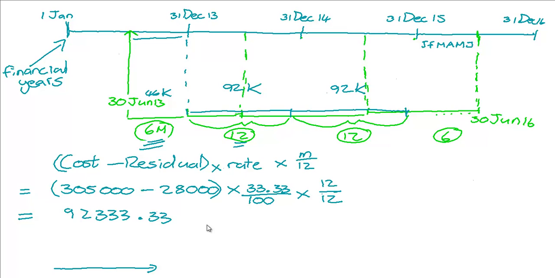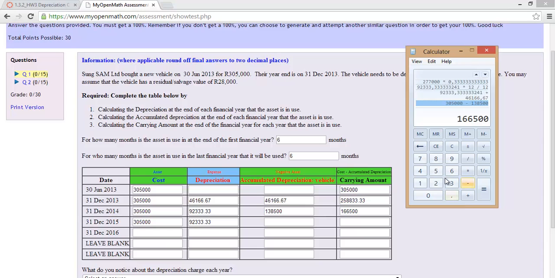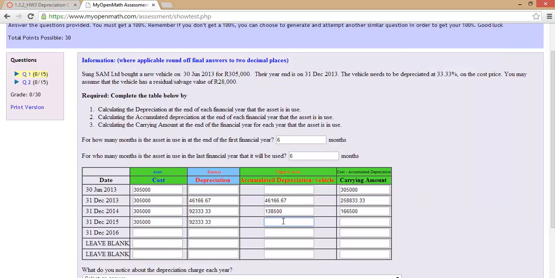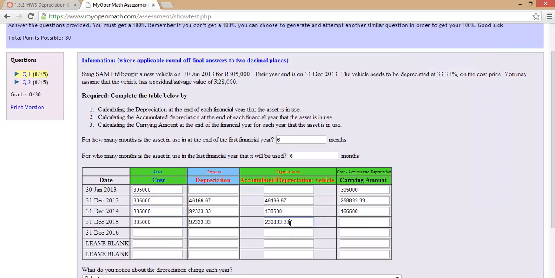Okay, right, so back to our table. So I can fill in 92,333.33, and my accumulated depreciation is then the 138,500 plus 92,333.33 gives me 230,833.33.